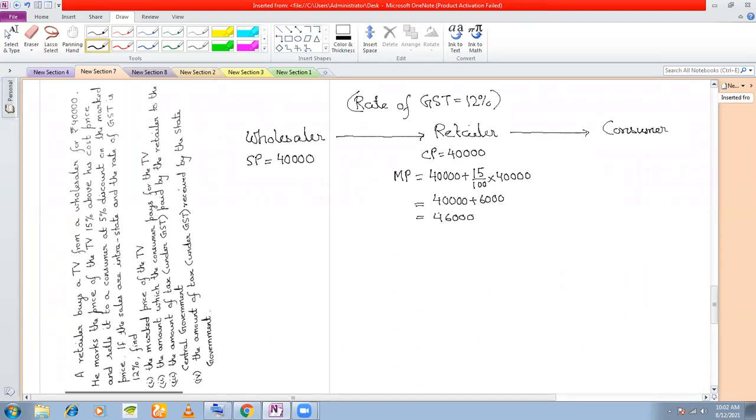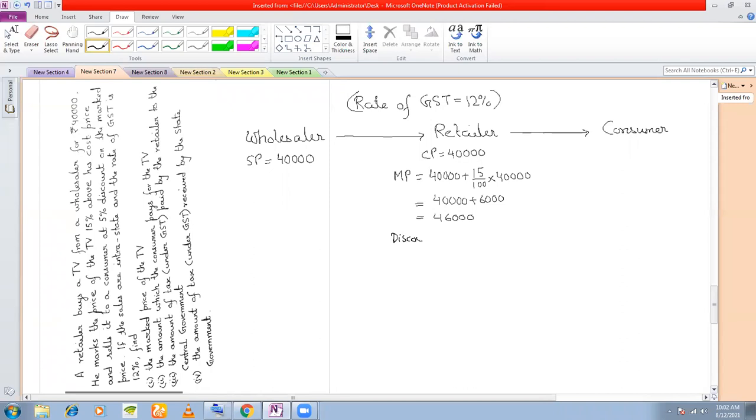And he sells it to a consumer at 5% discount on the mark price. So therefore, let's first find out the discount and then we can find out the selling price.